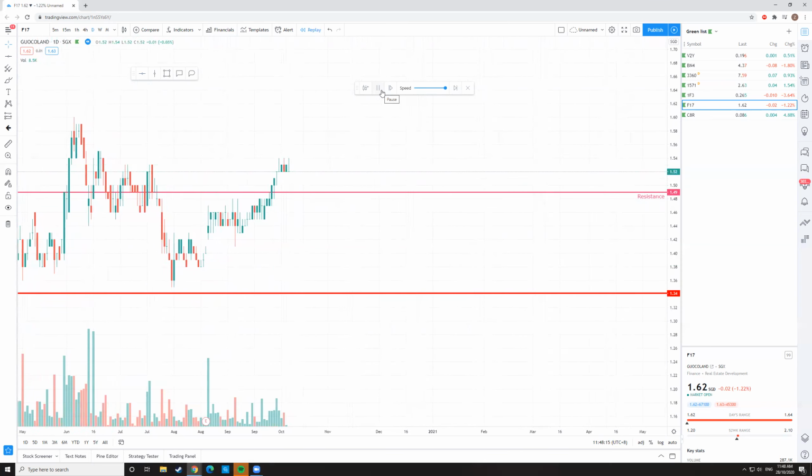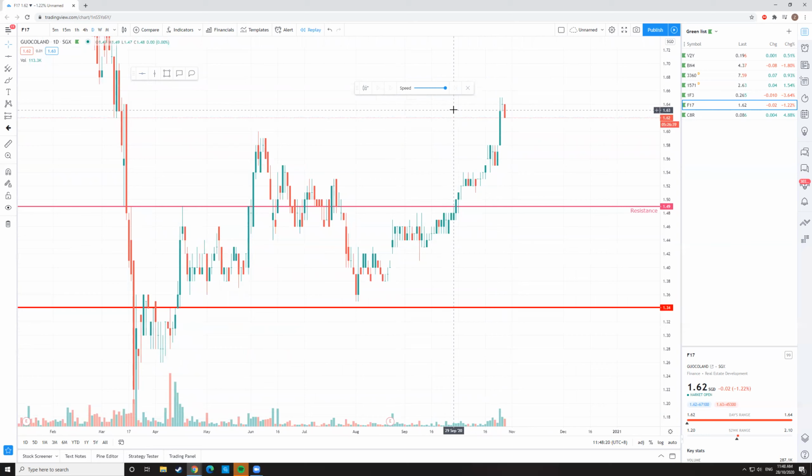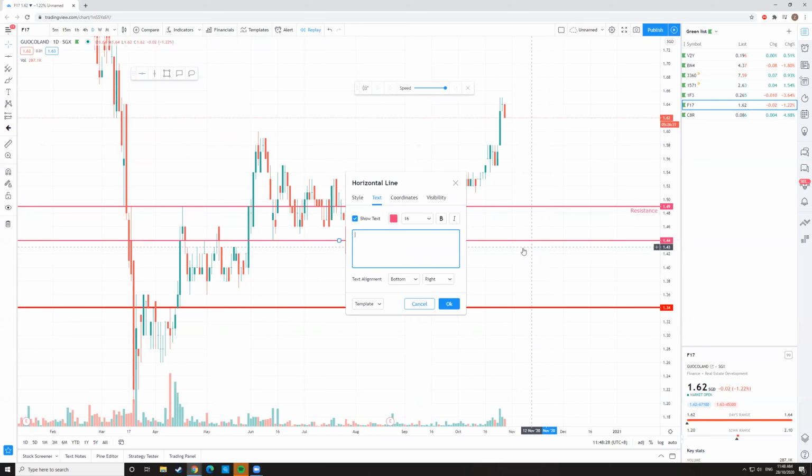Not only that, you are probably in profit right now. So 1.34 you would think is a much better stop loss compared to 1.44.